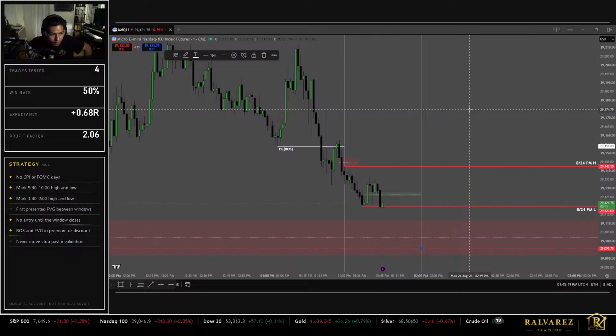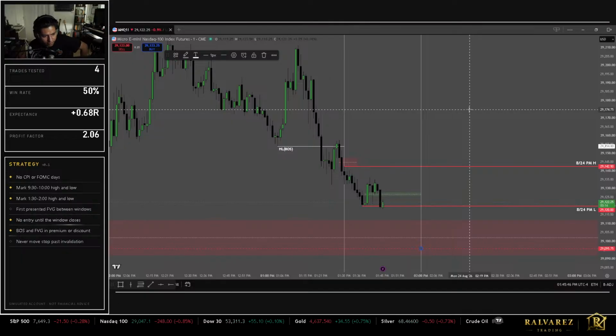I think my bias right now, or what I think price is leaning towards, either up or down, I think it's probably going down, to be honest, if I'm gonna make a choice and lock it in before I start trading. So we're gonna be looking for a setup that allows us to go short.